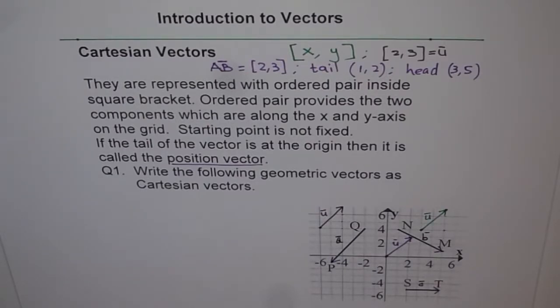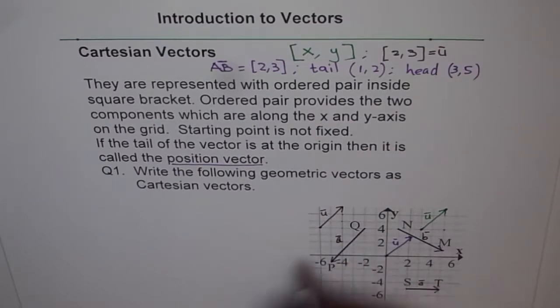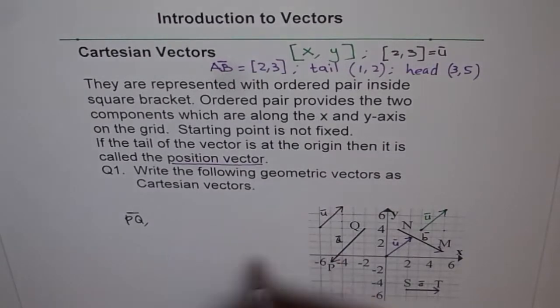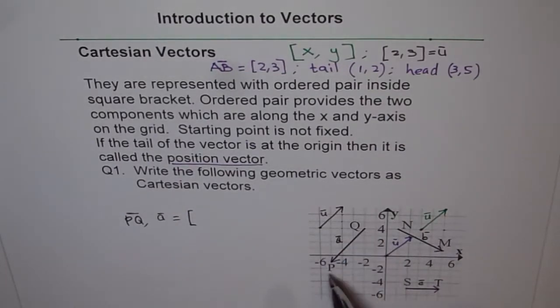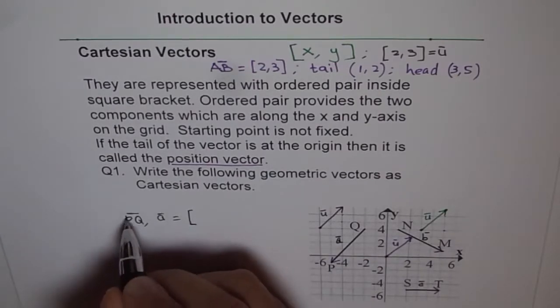The strategy here is you can count from the initial point and see how much x distance you go. From here we get 1, 2, 3 in x. So it is minus 3 because we are going left. So I can write vector PQ, which is the same as vector A for me. These are different ways of writing. If I am representing them in geometric form with tail and head, then PQ is good. Or rather, I made a mistake.